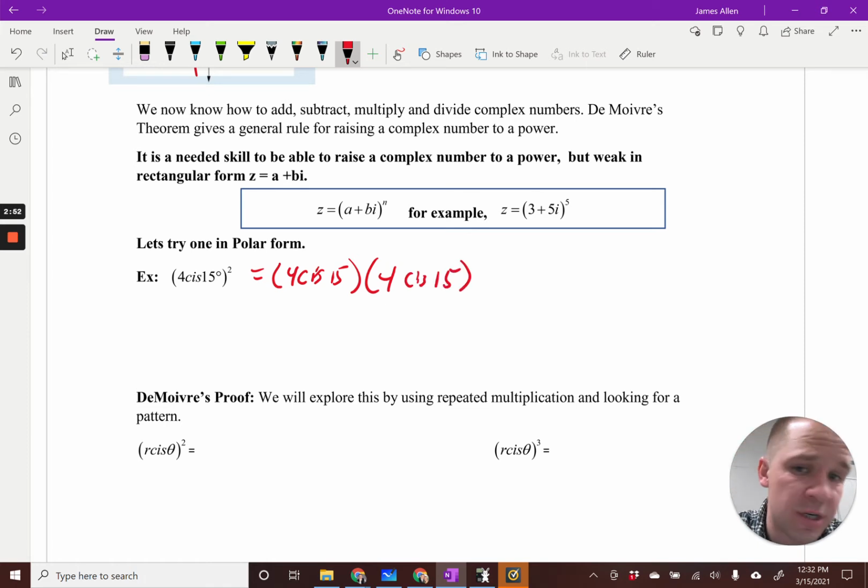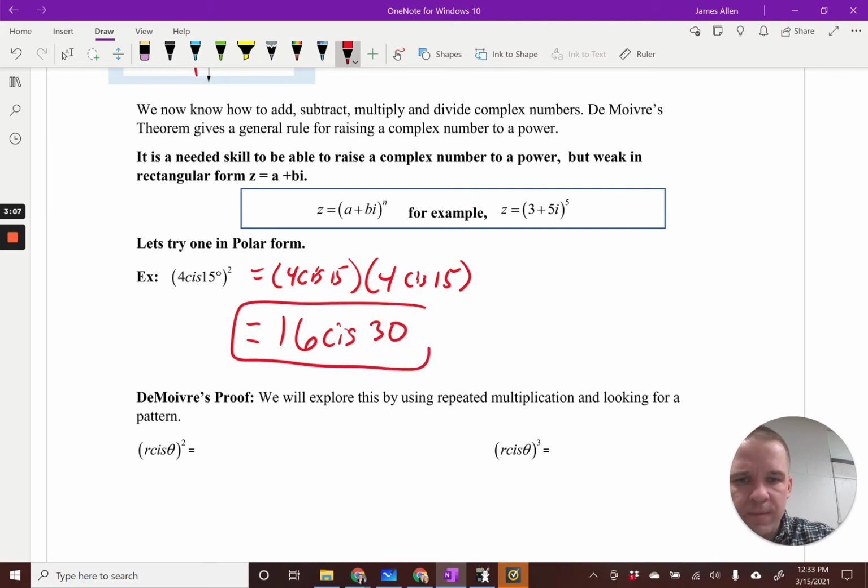We take a problem that we don't know how to do yet, but apply something that we do know how to do. So 4 times 4 is 16 cis, and then 15 plus 15 is 30. So there we go. That's polar form.